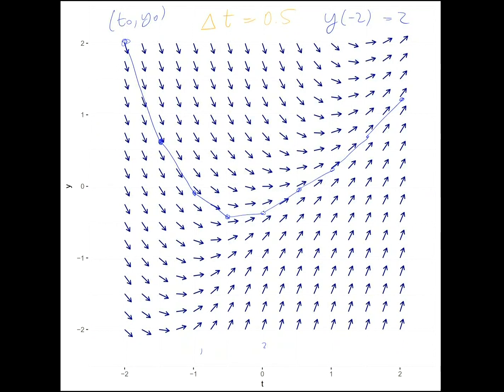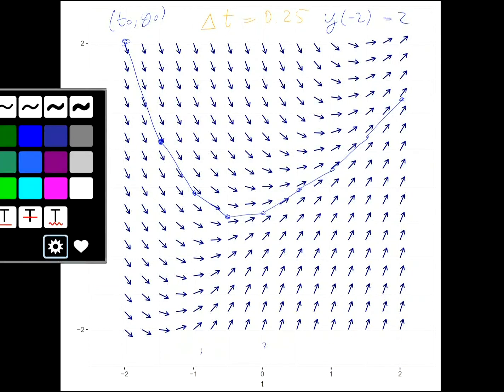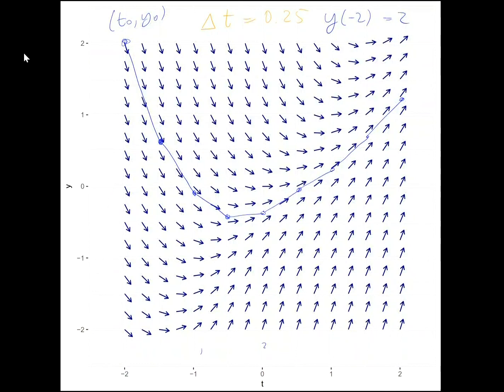Well, if delta t is, say, let me just give you the next one, 0.25. Let me choose another color and maybe make it thicker to distinguish.